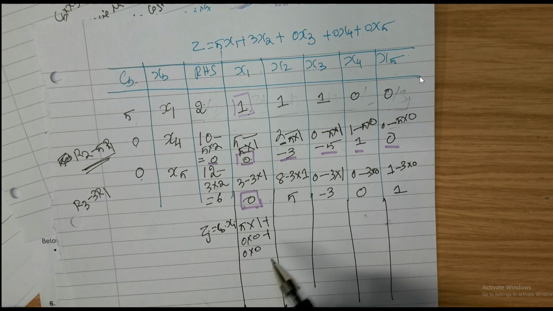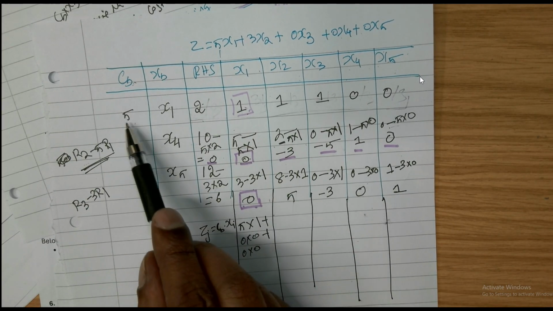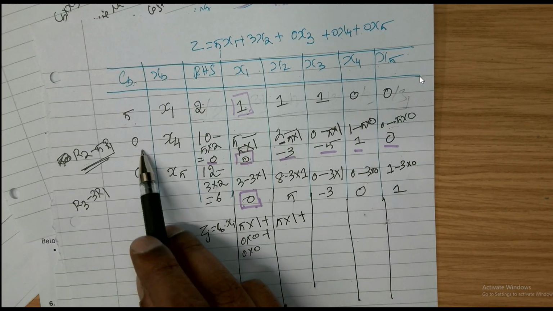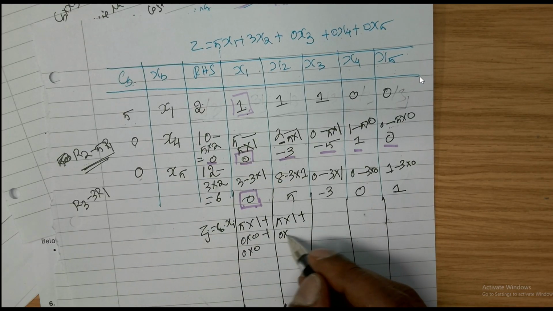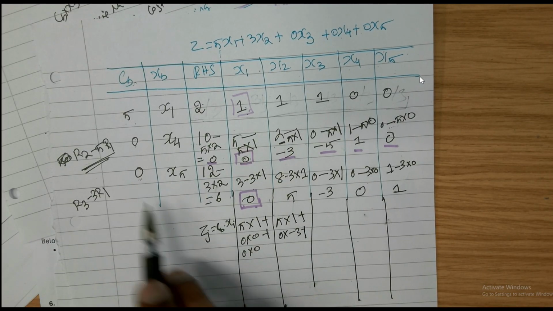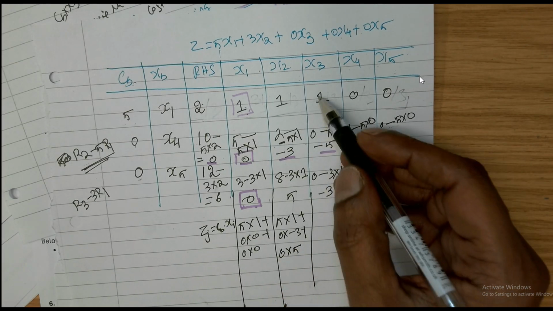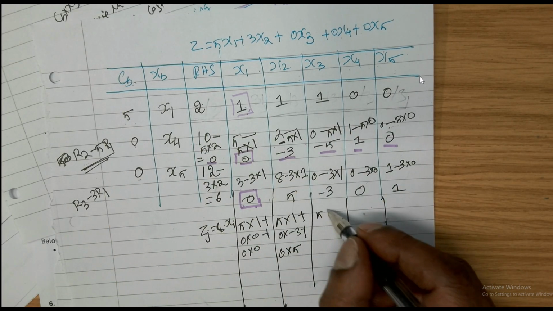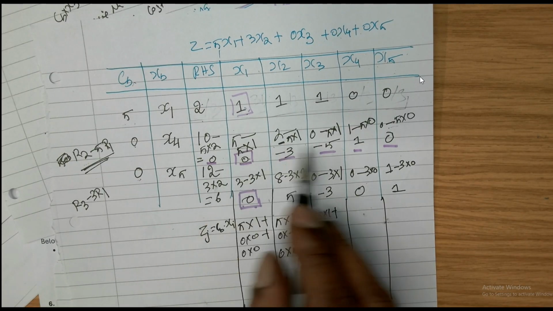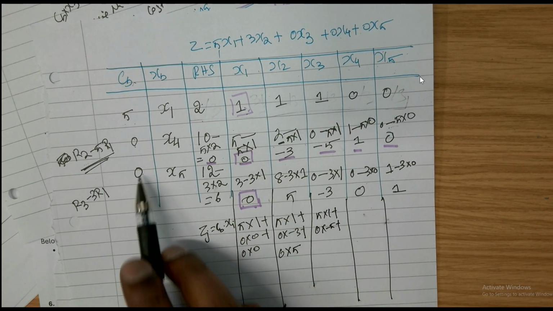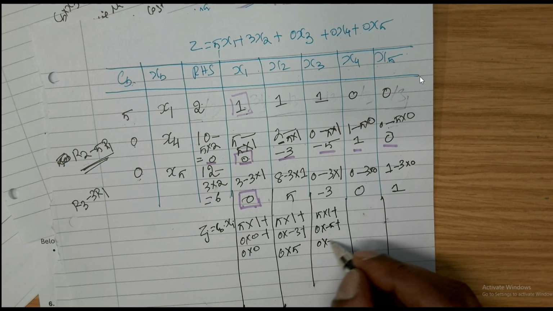And then do the same for the next column. 5 multiplied by 1 plus 0 multiplied by minus 3 plus 0 multiplied by 5. Do the same. 5 multiplied by 1 plus 0 multiplied by minus 5 plus 0 multiplied by minus 3.